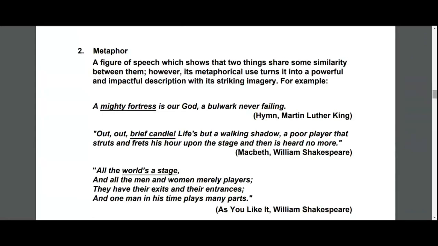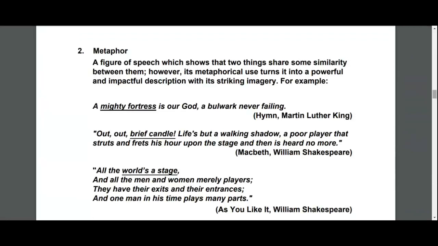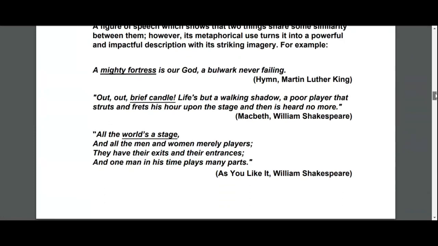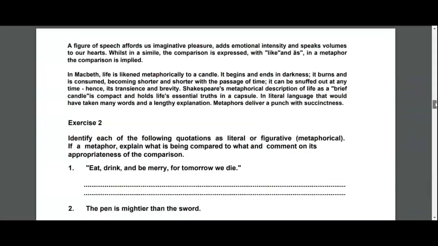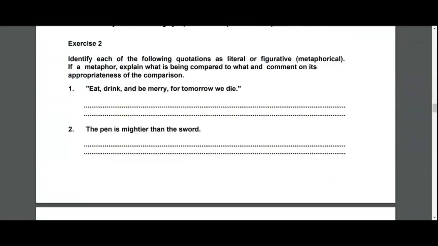I have also put up several questions here on page 7. If you have got the file with you, page 7, exercise 2, you have this question. Identify each of the following quotations as literal or figurative, meaning metaphorical, because we are dealing with metaphors here.